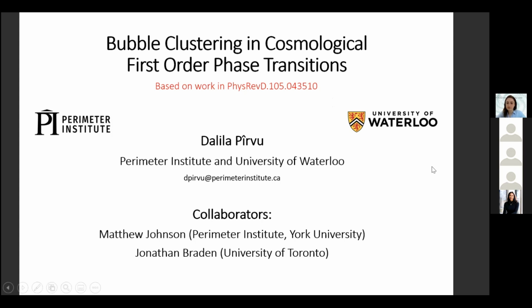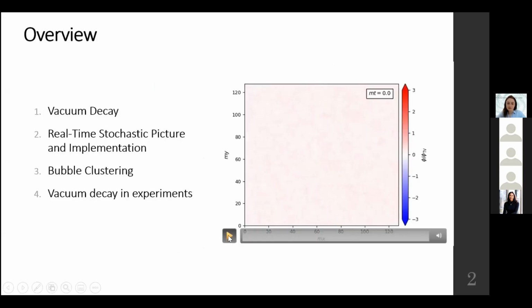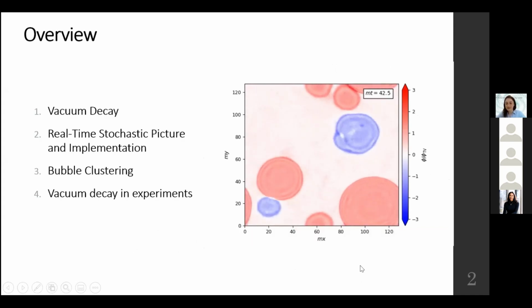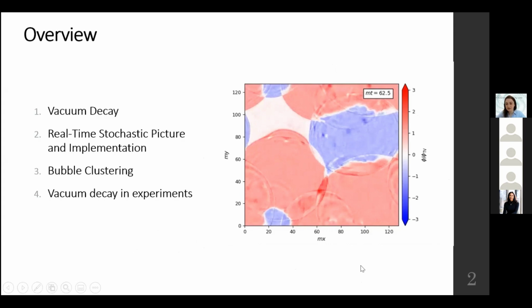This talk is mostly centered around this video here. This is what a relativistic first-order phase transition looks like. I will introduce this phenomenon.